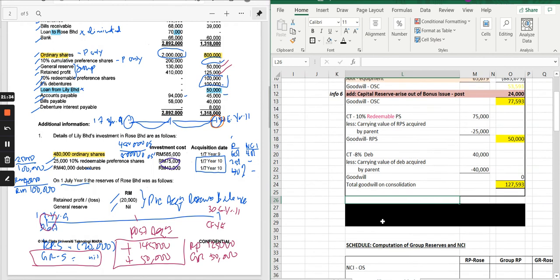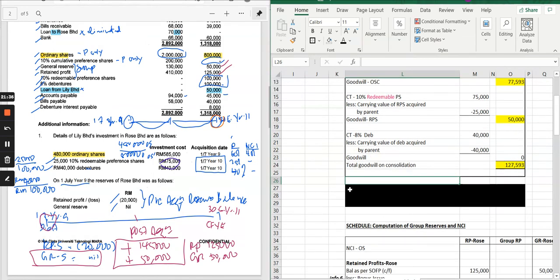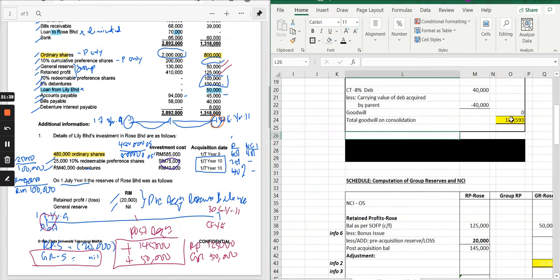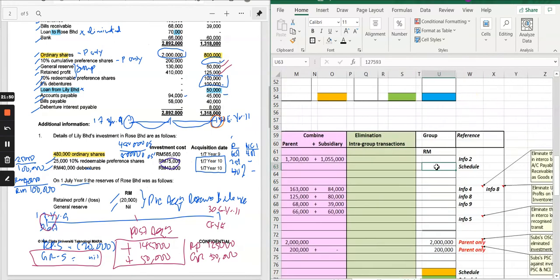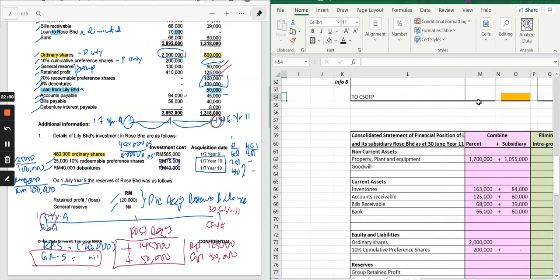So you are done with that. And if you check, there is no impairment for the goodwill on consolidation. So this figure is the one that you need to go and include under non-current asset as goodwill. And that figure, because it was not impaired, is the one that will be reflected straight away here. Yeah, 127,593.